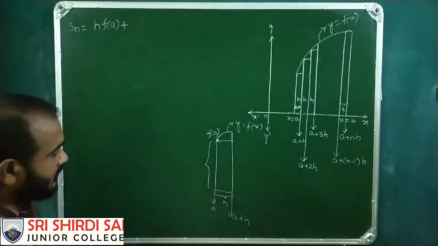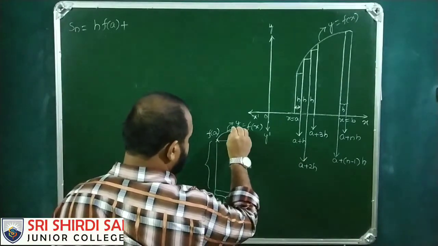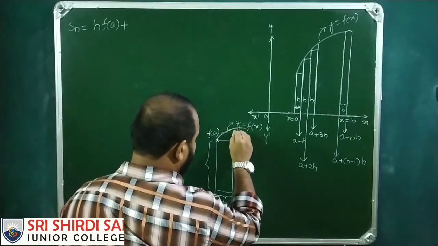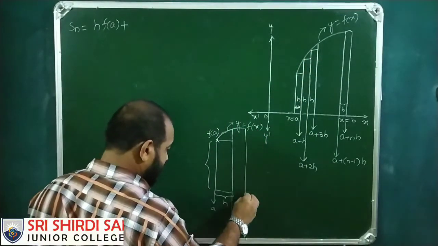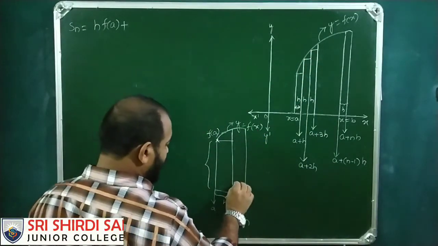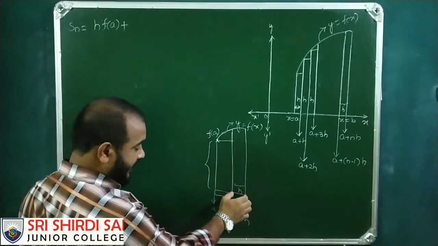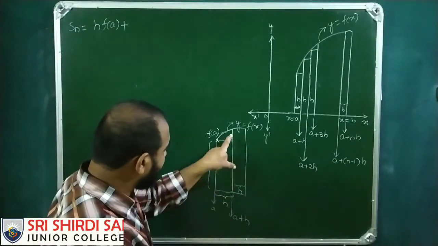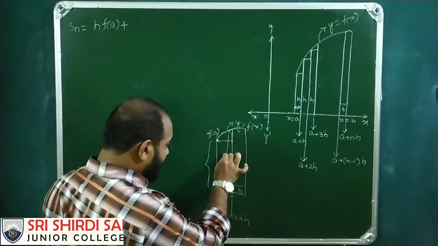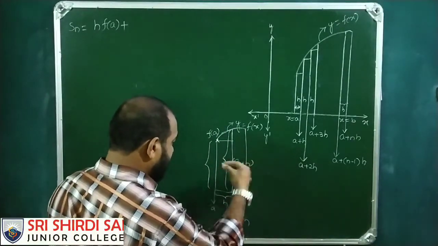plus, if I take another one, this is also having h width, and this point is a plus h. So this is f of a plus h.